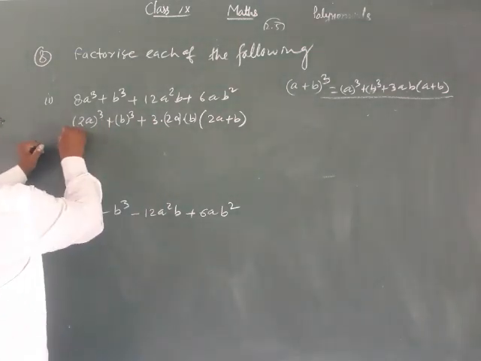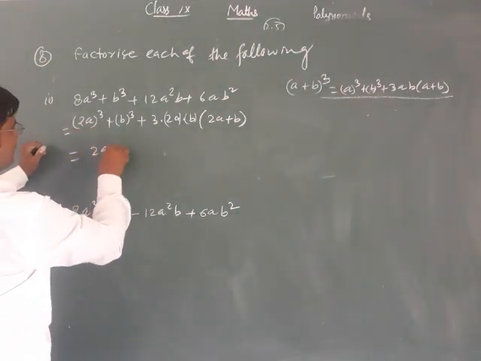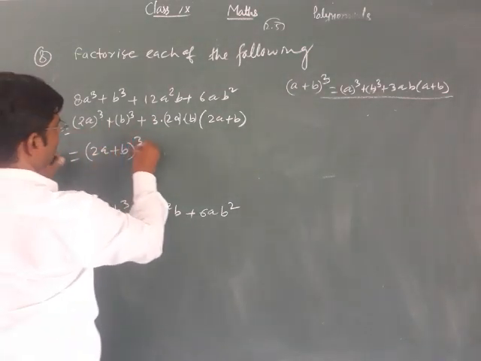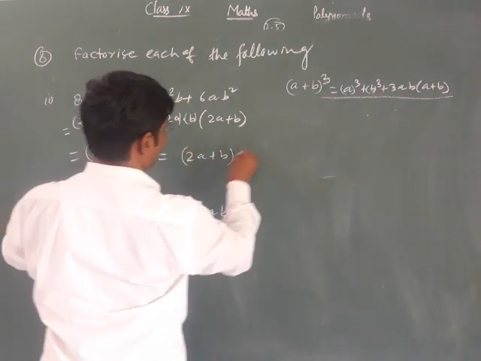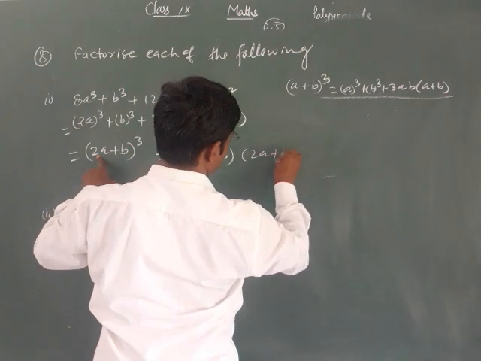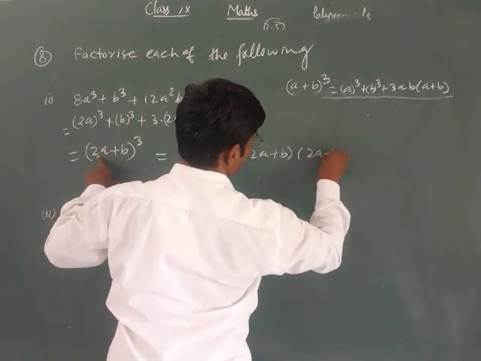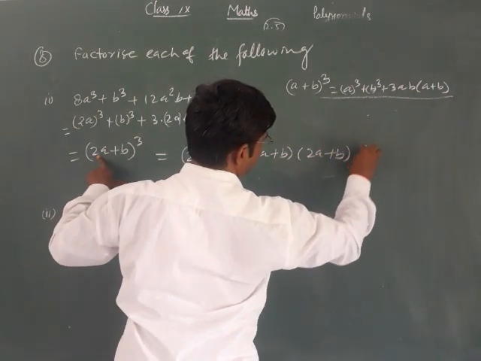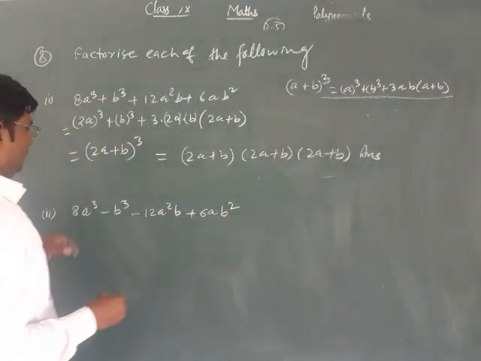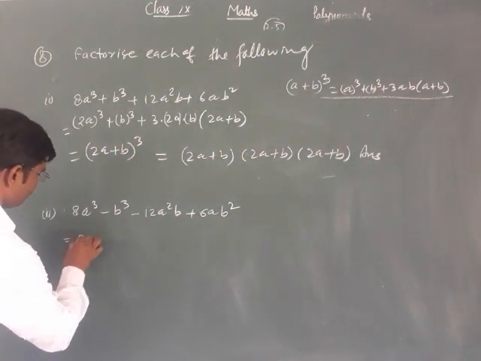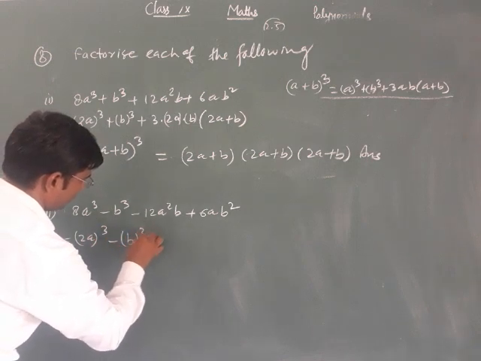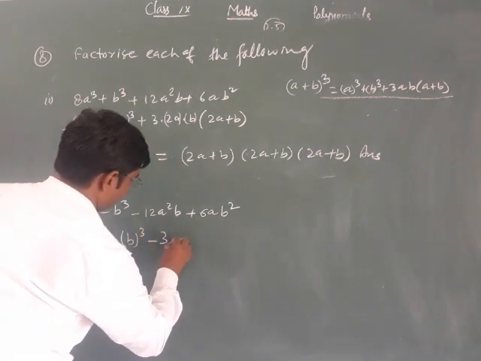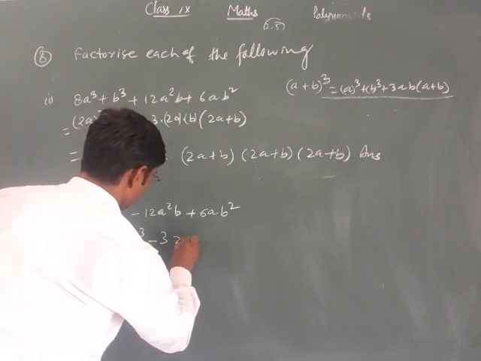Now use this: (2a plus b) whole cube. So also you can write (2a plus b)(2a plus b)(2a plus b). So this is the answer.